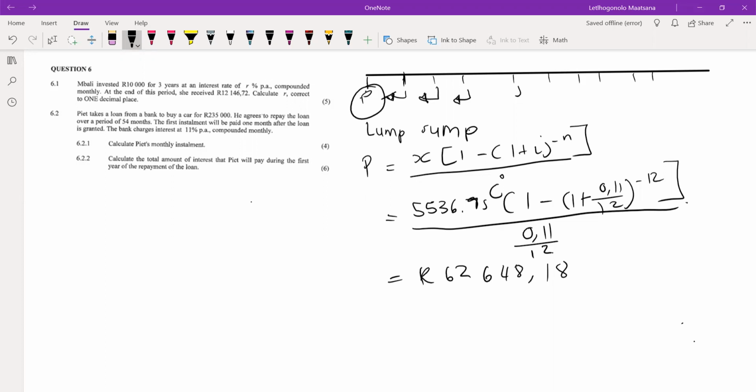So let's say that Pete pays that, and now what is remaining in his account? So there's the loan amount, and Pete goes ahead and pays this lump sum at the beginning, and he now owes this much at the beginning.